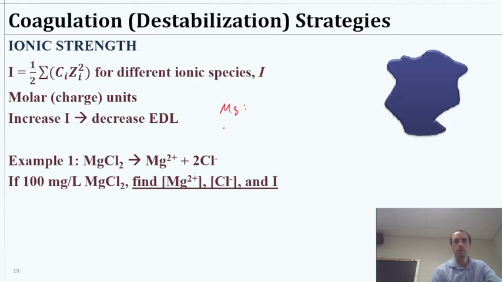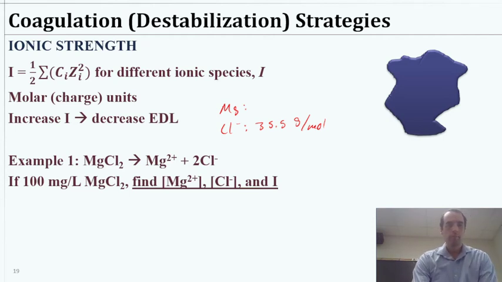So Cl should be 35.5 grams per mole. And magnesium should be 24.3.